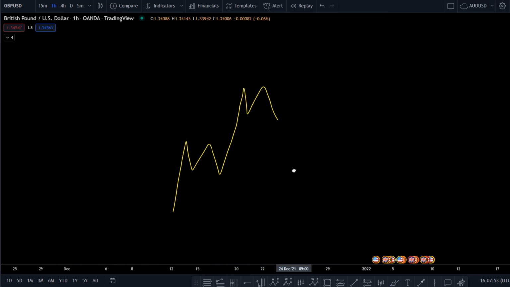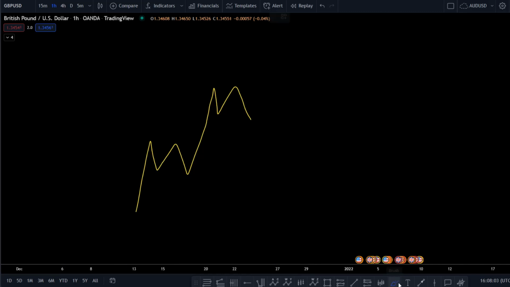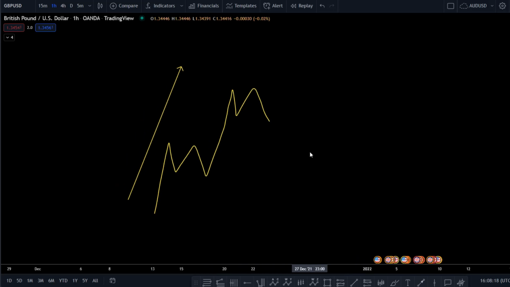So next step is we need a pullback. So this is our pullback here. So we have a trend and market is pulling back. So I have then further categorized the trading opportunities that I take into 3 categories.